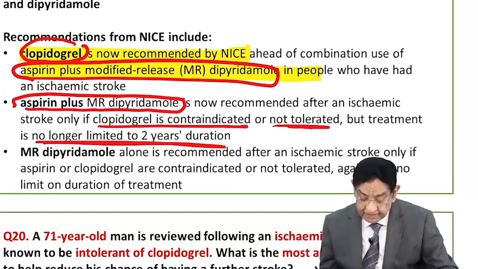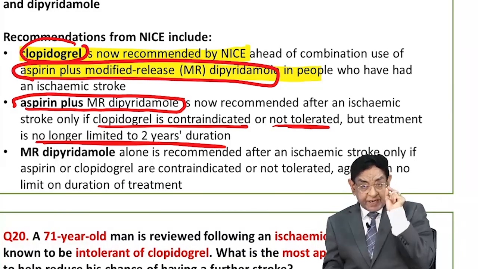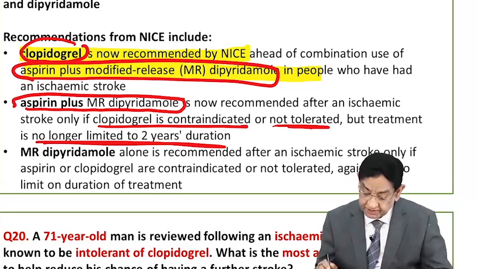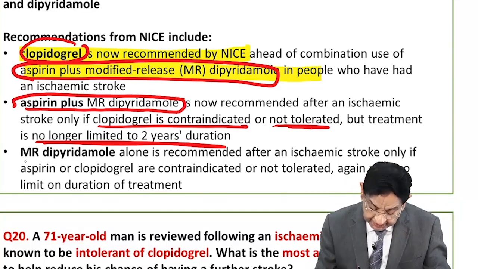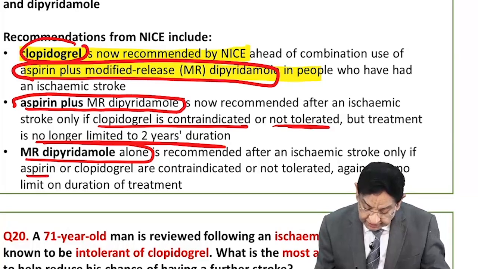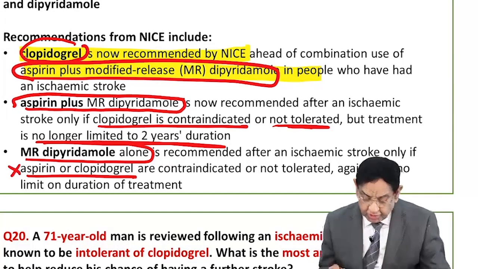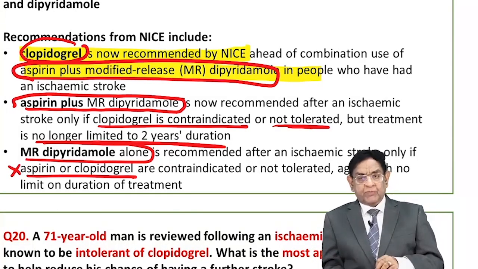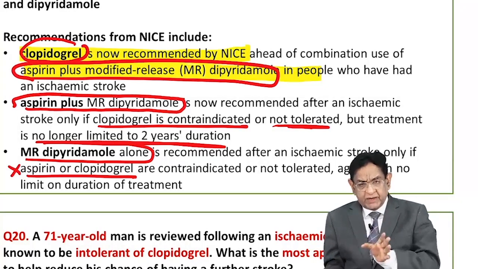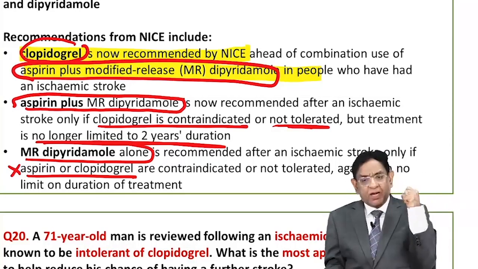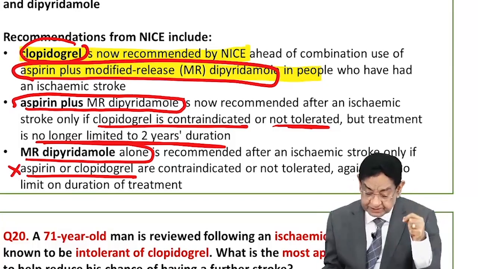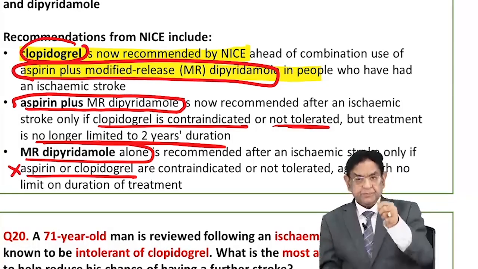Okay? Understood? Now, third scenario, we have a patient where we can give dipyridamole alone if there is some contraindication of giving aspirin and clopidogrel. You cannot give clopidogrel, you cannot give aspirin, then you give dipyridamole alone. So friends, I repeat again.